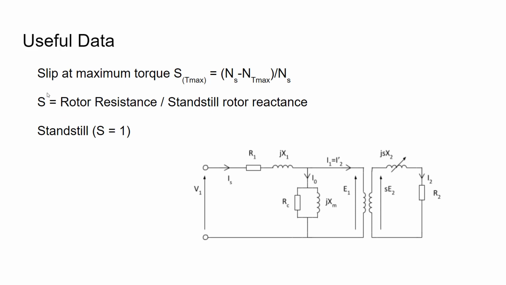Also, the slip can be calculated with the help of electrical circuit parameters, and it is given by the rotor resistance divided by the standstill rotor reactance. At standstill, slip is equal to 1. So, using this information, let us solve the problem.